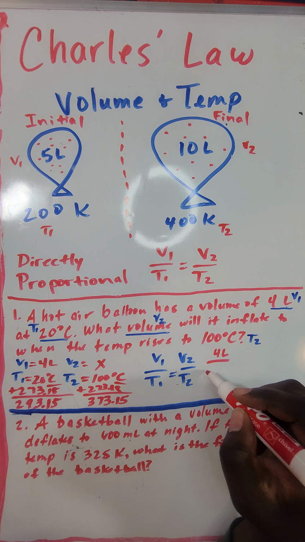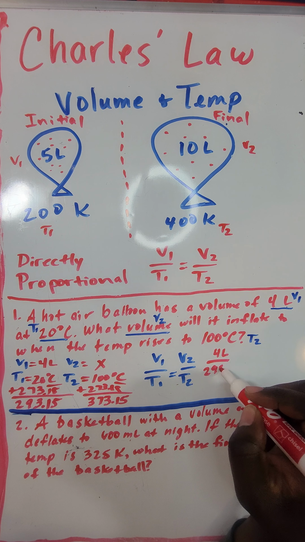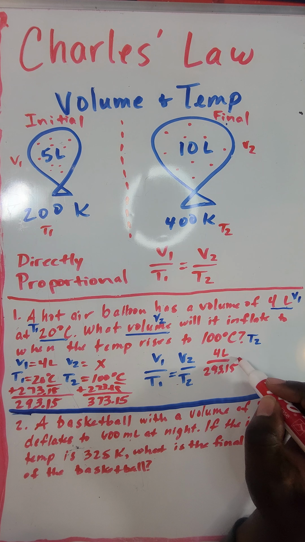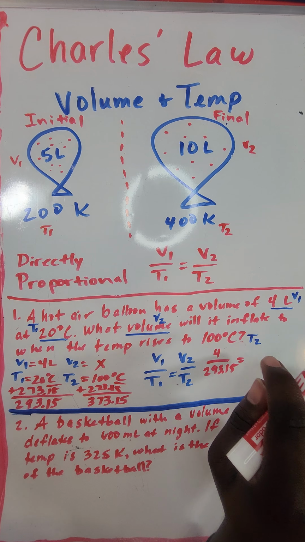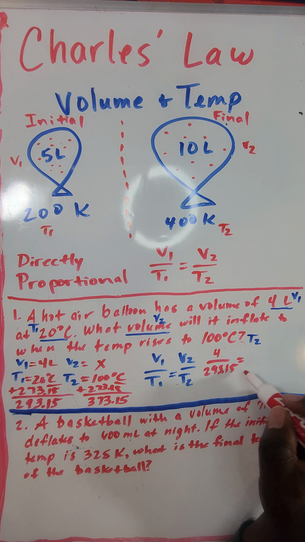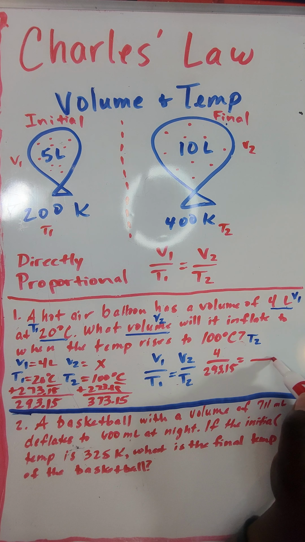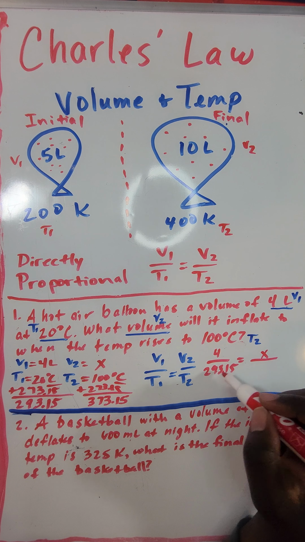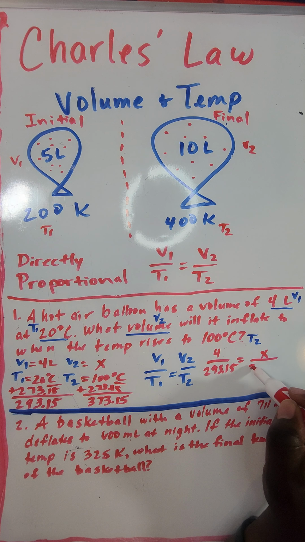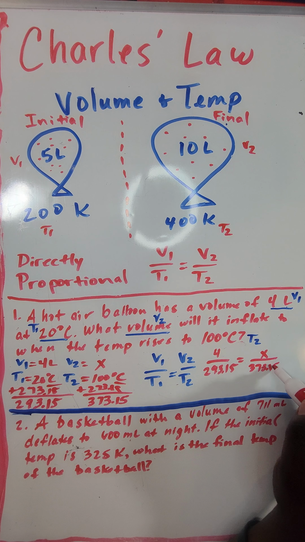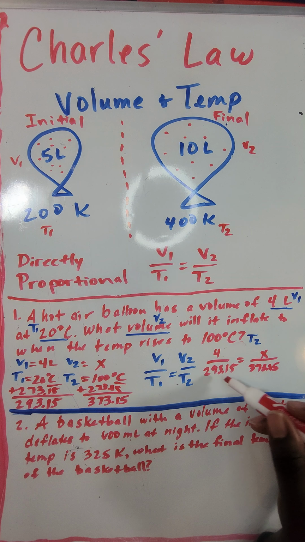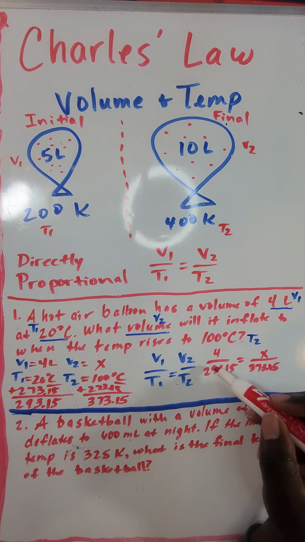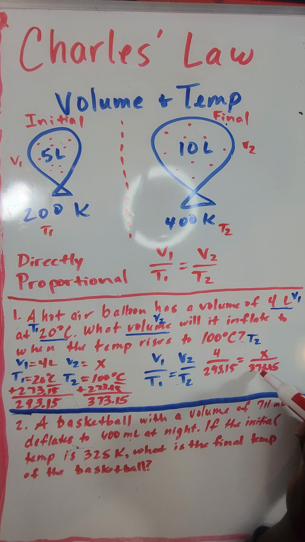Our T1 is going to be 293.15 equals, I'm not going to put liters there, sorry, because it's not necessary. All right, our V2 would be X and our T2 would be 373.15.